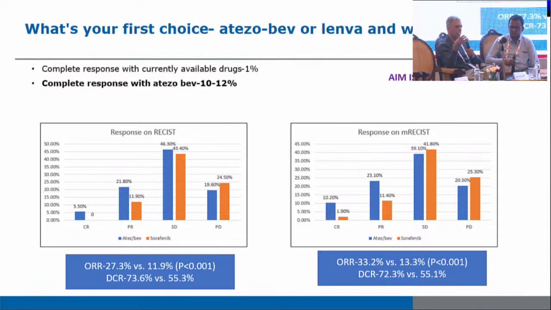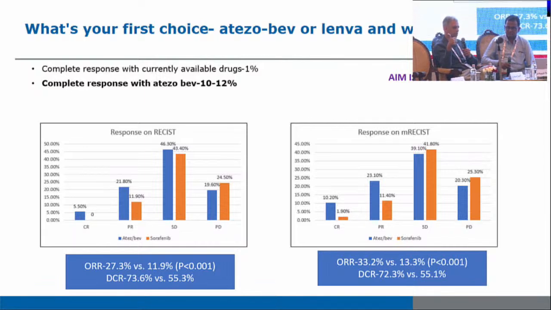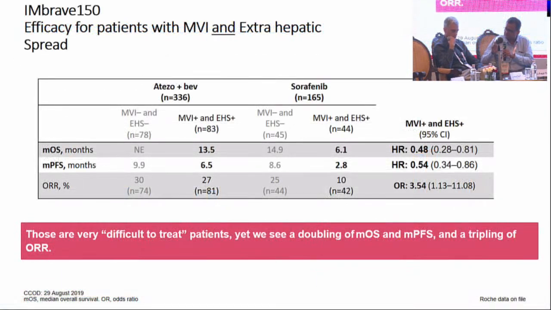You're looking at atezolizumab at 1.5 lakh per session, lenvatinib at 10,000 per month. Results are better with atezolizumab. If my patient doesn't have any financial issues, I'll give him atezolizumab. But there is one issue. There is a lot of real-world data comparing atezolizumab with lenvatinib, and overall survival and progression-free survival are the same.